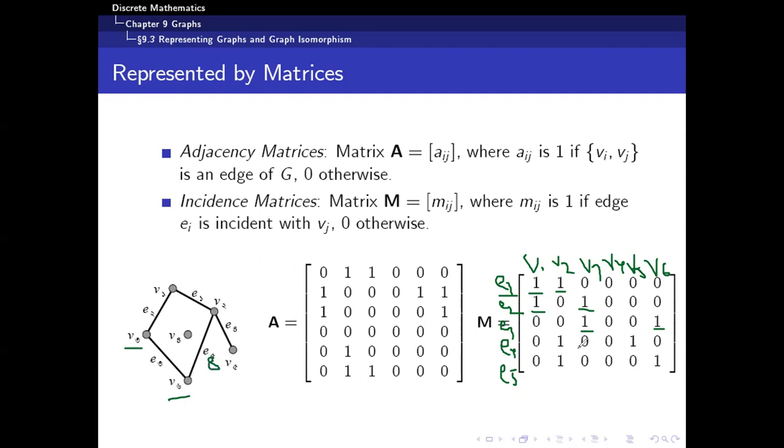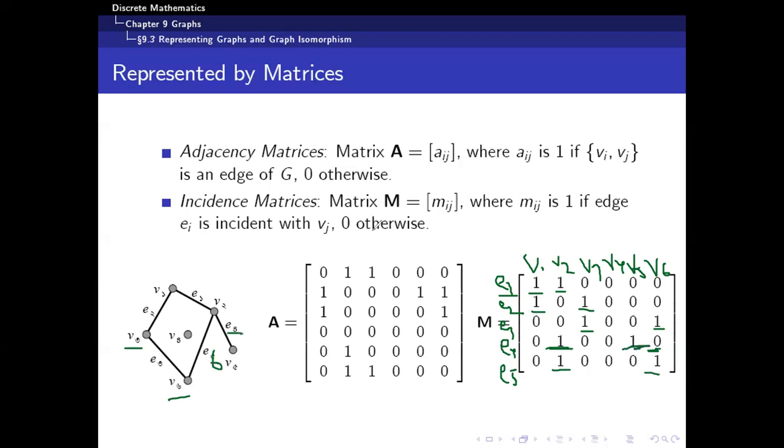So V2 and V6. And this one, V2 and V5. Okay. This one is E5 and this one will be E6. So E6 is V2 and V6, and this one V2 and V5.